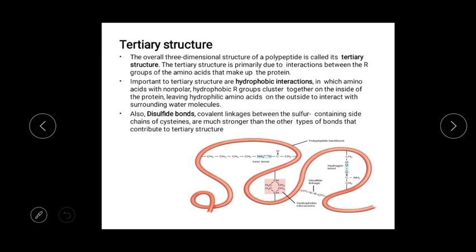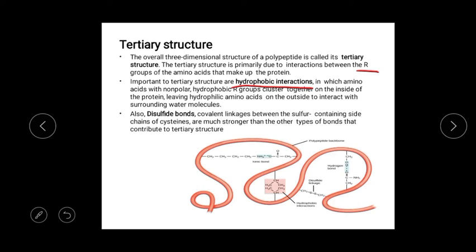And we'll move to the tertiary structure. It is the three-dimensional structure of proteins. It is primarily due to the interaction between R groups of the amino acids, and the interaction is hydrophobic interactions. Amino acids with non-polar hydrophobic R groups cluster together inside the protein, leaving hydrophilic amino acids on the outside, to give a three-dimensional structure.